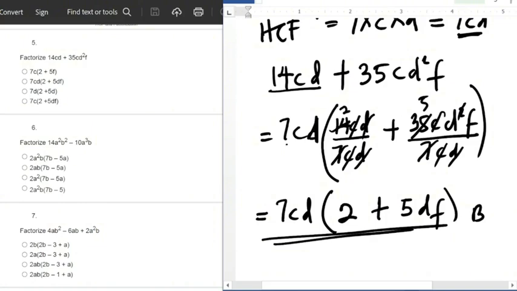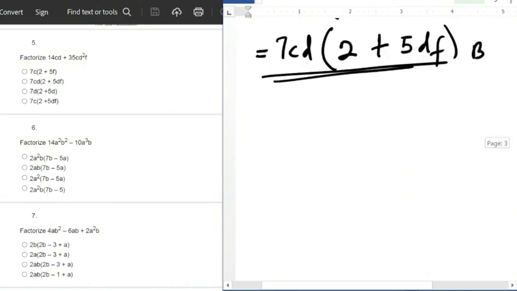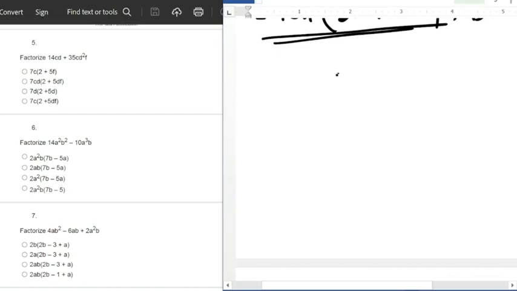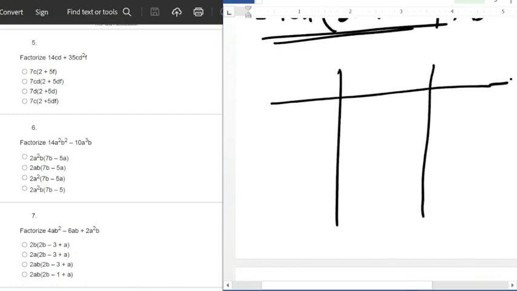If you don't want to use this method, you can use the diagram method, and you still get the same answer. This one is very fast to help you in your objective.